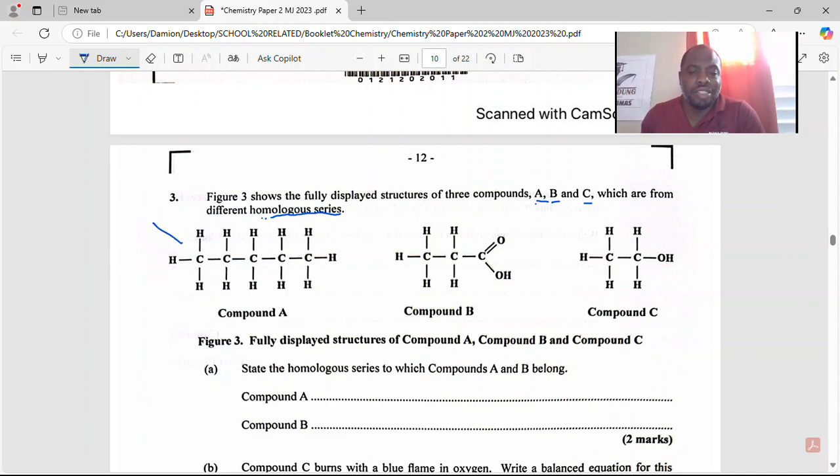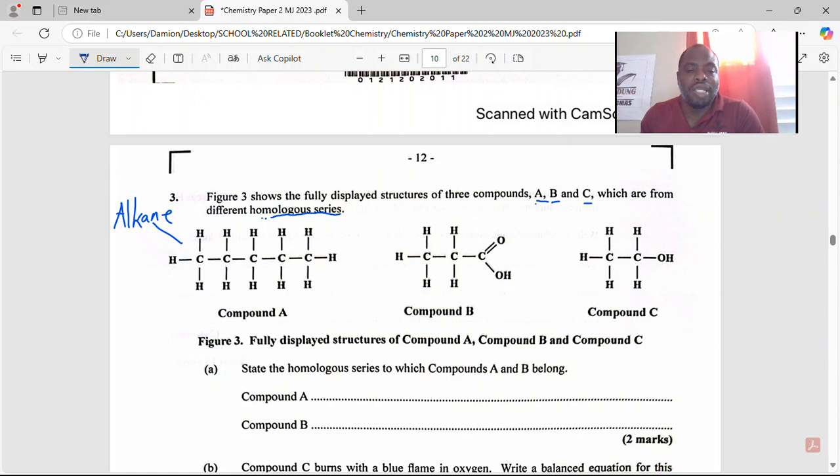I know the questions are there, but I'm just using this as a teaching method as well. So which homologous series does this belong to? There's only one homologous series that only has single carbon to carbon bonds, and those are referred to as the alkanes.